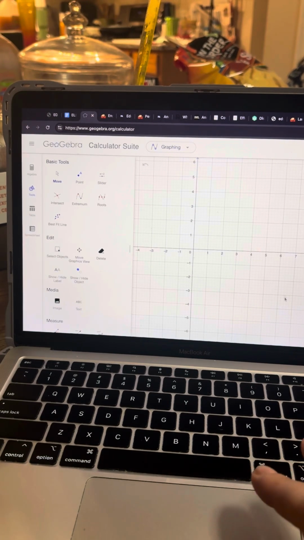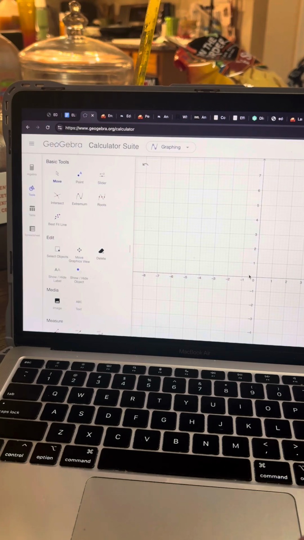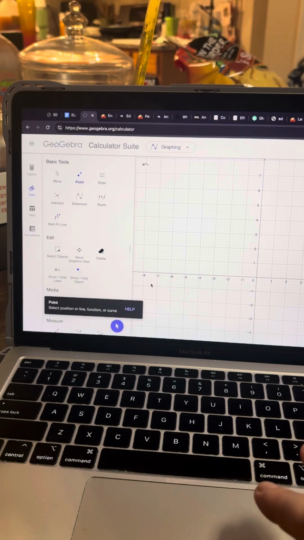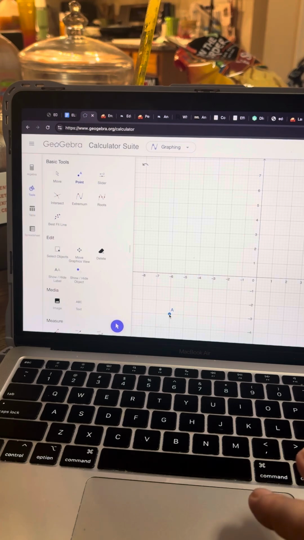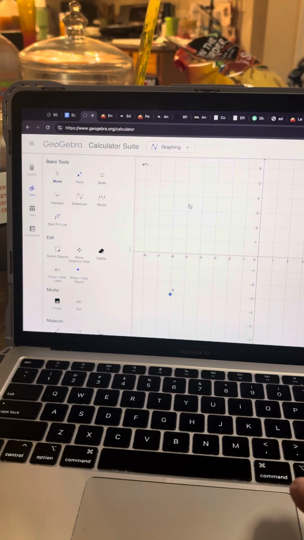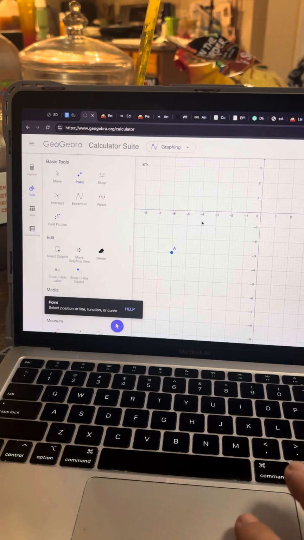Number 3, I am going to make a triangle with -6, -3. I need a good point. -6, -3. -4, -5. -4, -5. I'll go back to point.